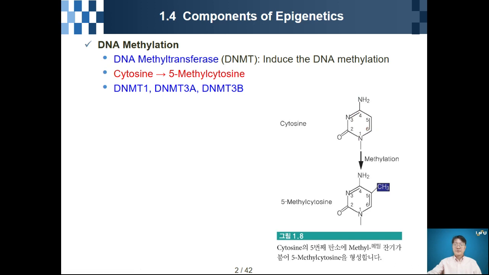Always the fifth location can be methylated, so it will be 5-methylcytosine. DNMT1 and DNMT3A, DNMT3B, all of them induce DNA methylation, but they induce it a little bit differently.